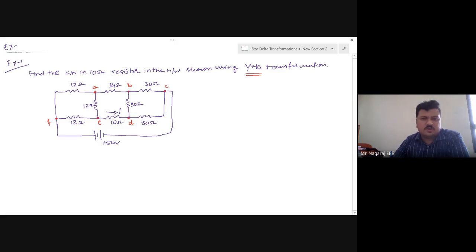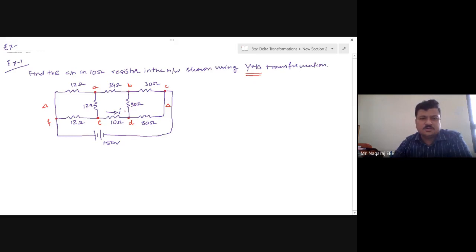But if I convert from star to delta, one loop will increase. If I convert delta to star, series branches will be added up. Adding resistances in series is very easy compared to adding resistances in a loop or in parallel. So things will be easier. This is a delta connection, and this is a delta connection.